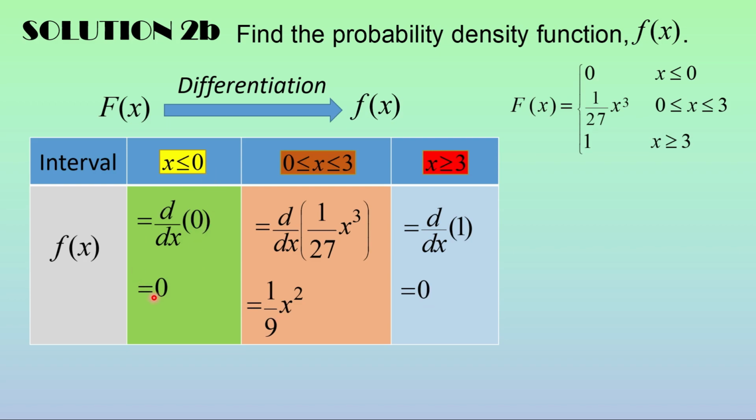So we have the same answer for interval x less or equals to 0 and x greater or equals to 3. So probability density function can be written as 1 over 9 x squared in the interval x from 0 to 3 and 0 for otherwise.